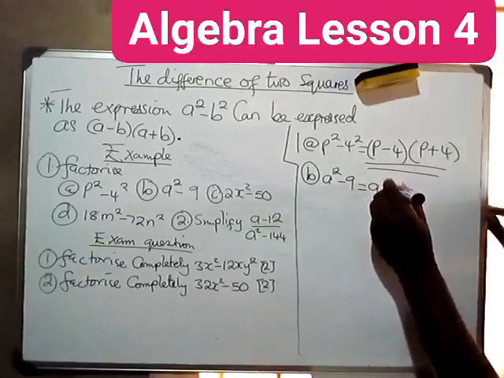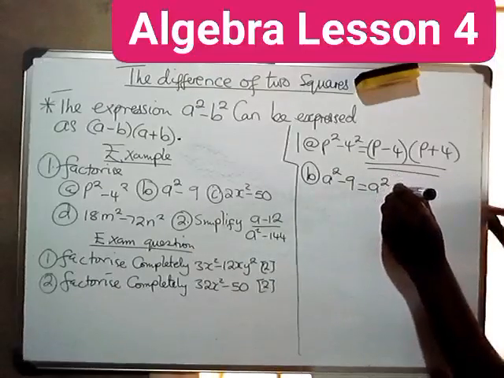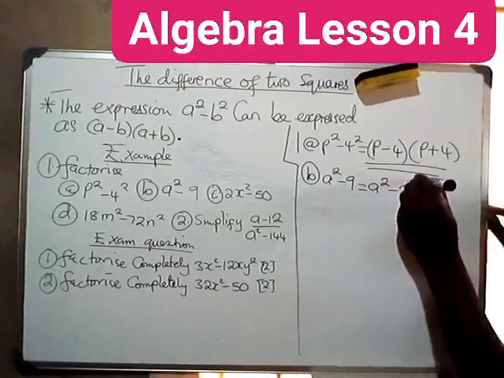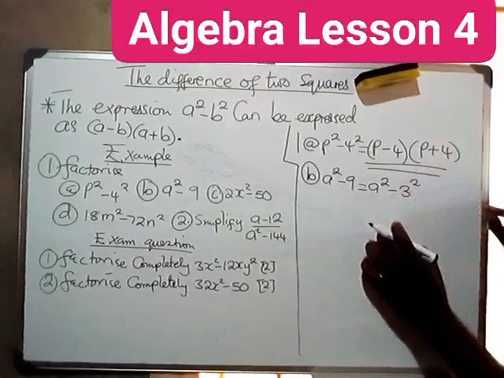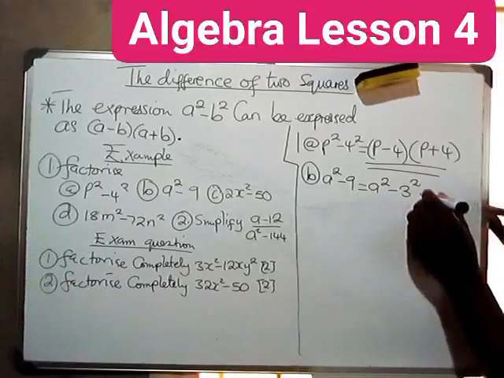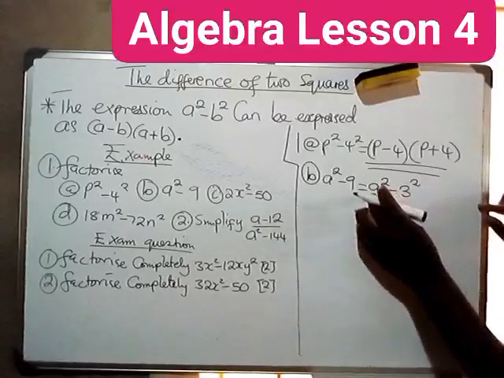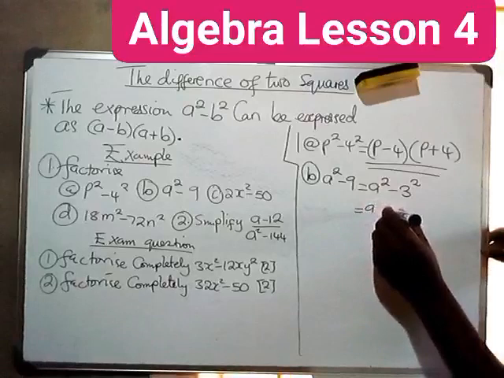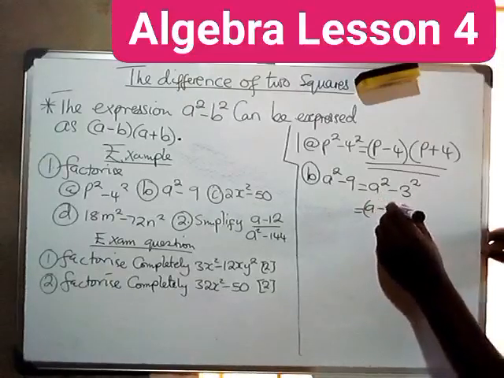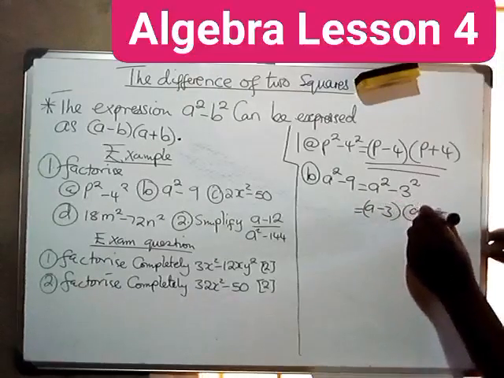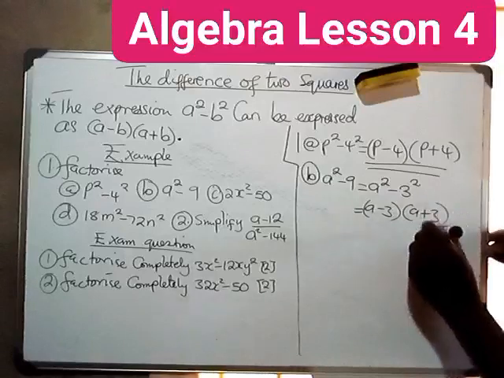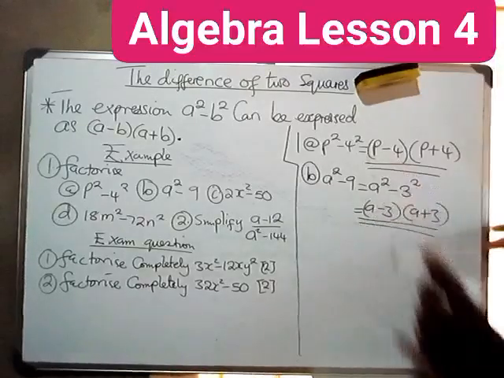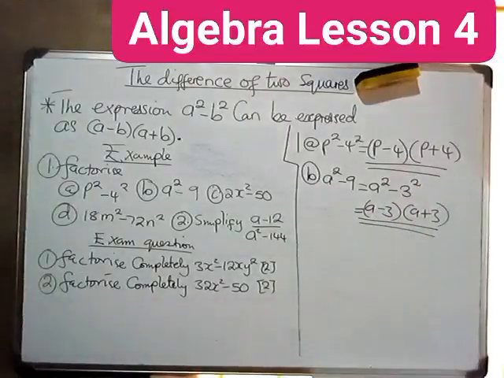Definitely, our next step will be a squared minus 3 squared, because 3 squared is 9. Now we have two squares, so the next step is a minus 3, then a plus 3. This marks the end of question b.